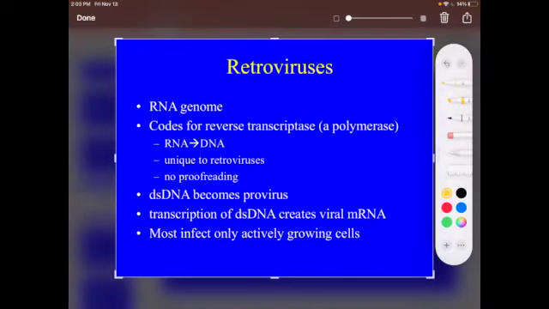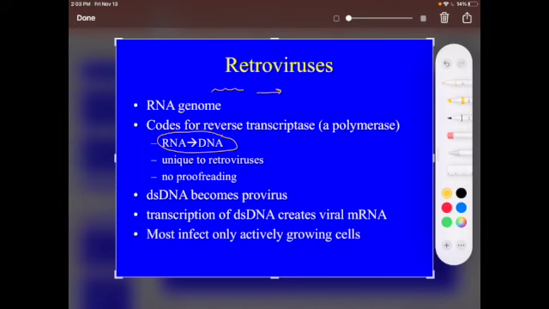Okay, so they've got an RNA genome. But what happens is they get their RNA genome, let's say RNA is in yellow, they actually get their genome copied. So mRNA copied into DNA. Let's do DNA in black.